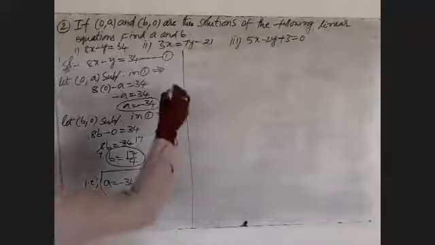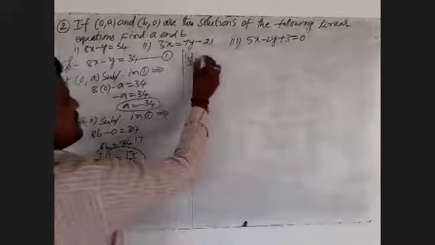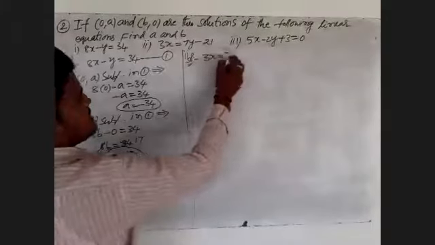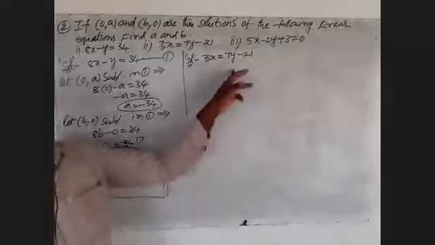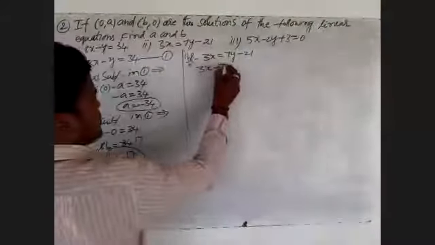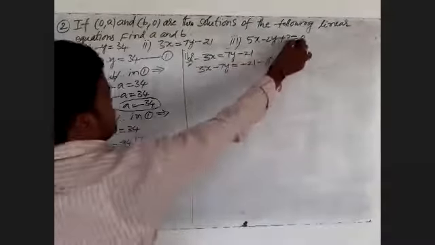Now I am going to the second one. The given equation is 3x is equal to 7y minus 21. Moving 7y to this side, we write 3x minus 7y is equal to minus 21. This is my equation number 1.